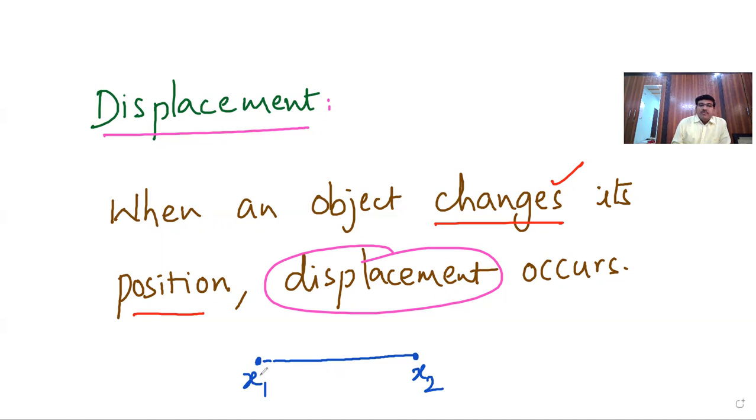Originally the object was at x1 position, which is initial position. Slowly the object moved to the x2 position, which is the final position. When the object is changing from the initial position to the final position, or there is a change in the position, then displacement occurs.